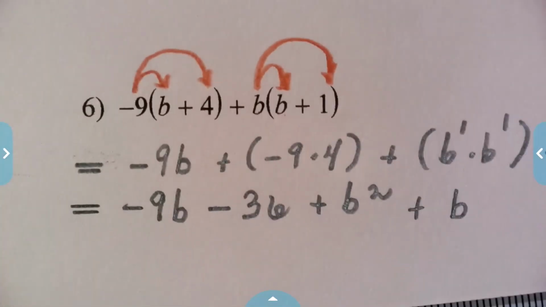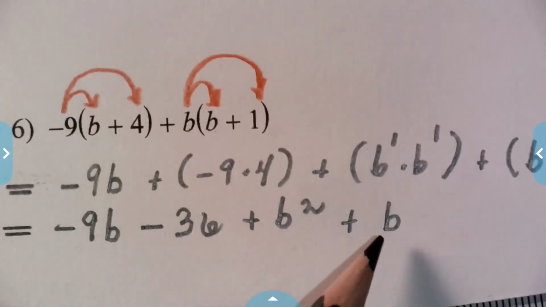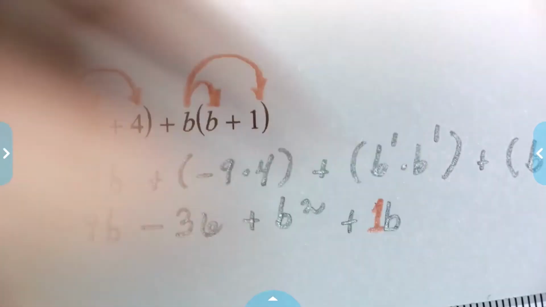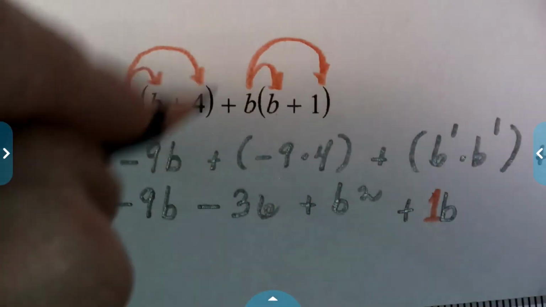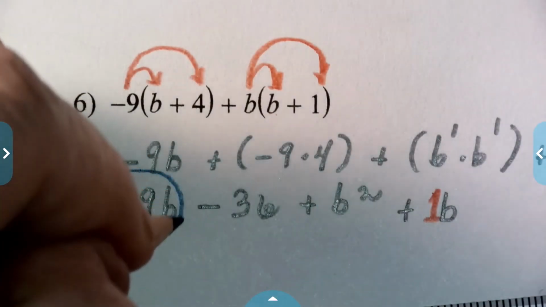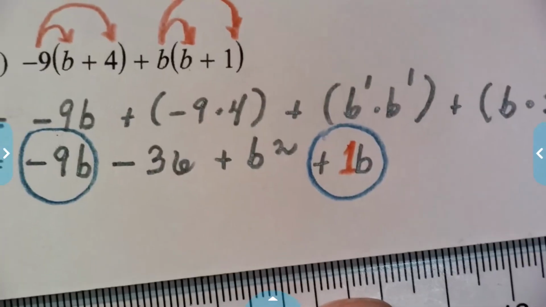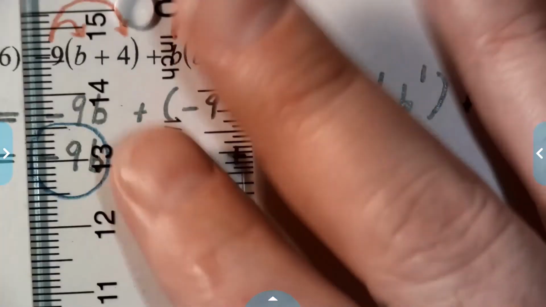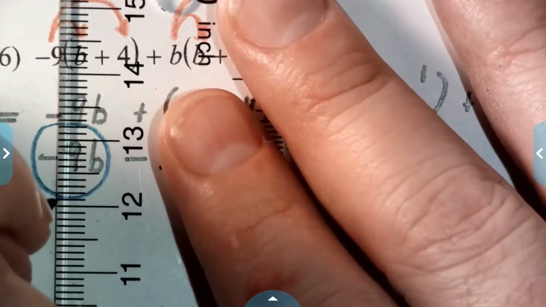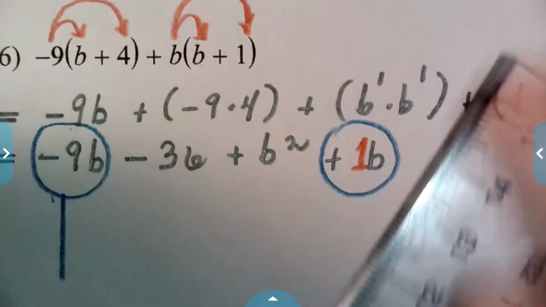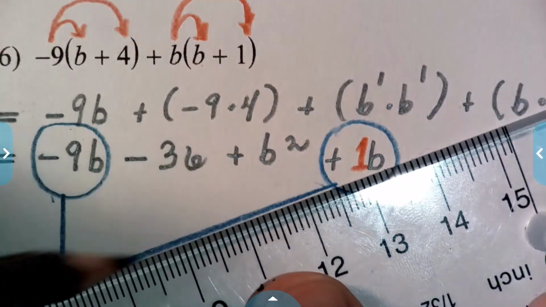Now, notice something. We have this naked variable, right? So it actually has a 1 in front of it. That's going to help us here in a second, because negative 9b and positive 1b are common, okay? They have a common term of b. So we can actually combine those.